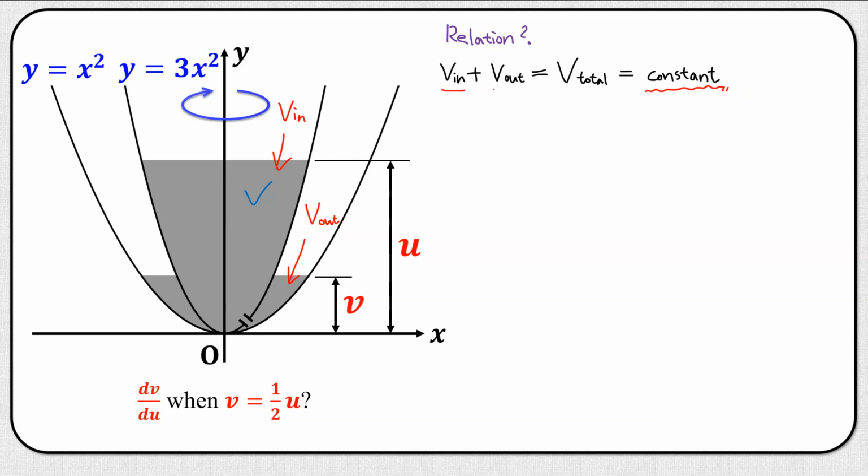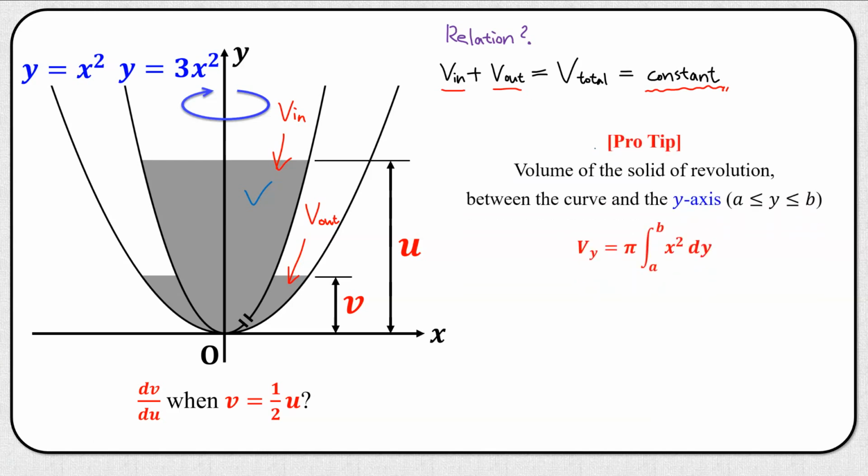And as for the individual volumes inside and outside the inner container, we use the following formula for the volume of the solid of revolution. The volume of the solid obtained by rotating the region between the curve and the y-axis from y equals a to y equals b is given as pi times the integral of x squared dy from a to b, which comes from the fact that the cross-sectional area is pi x squared.